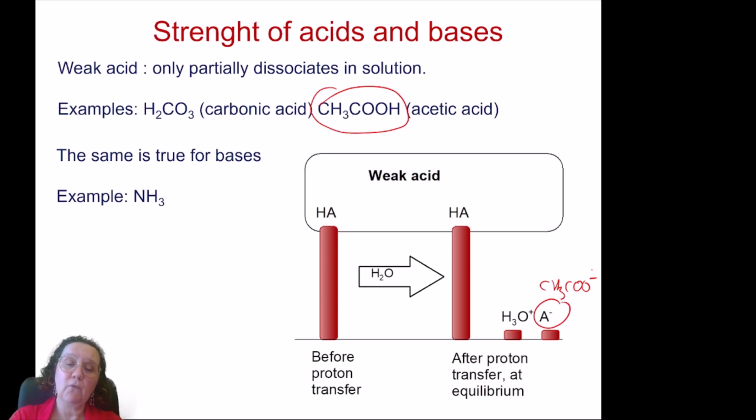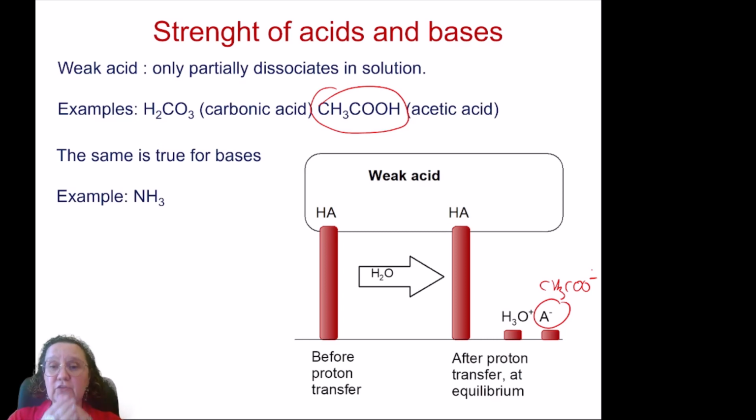So of all the acetic acid you started with, a little bit will ionize and will liberate acetate anions and hydrogen ions. And some of it, or quite a lot of it, will not ionize. It will dissolve, so it will be surrounded by molecules of water, but it will still be a compound.